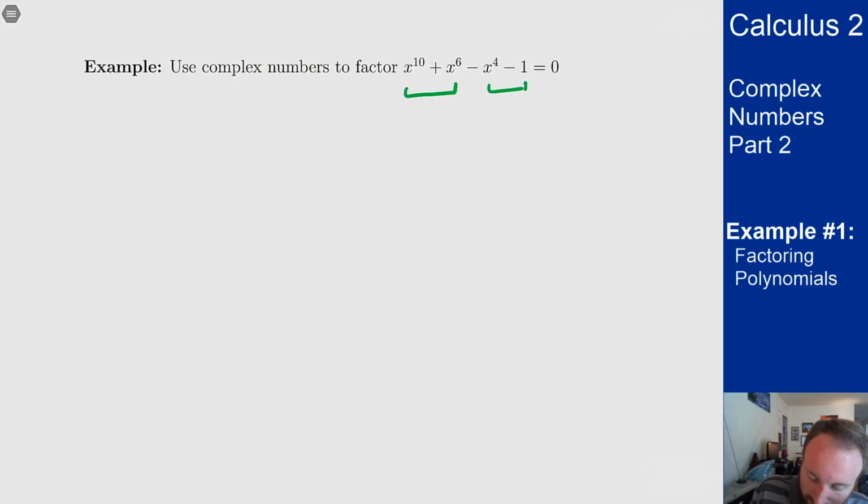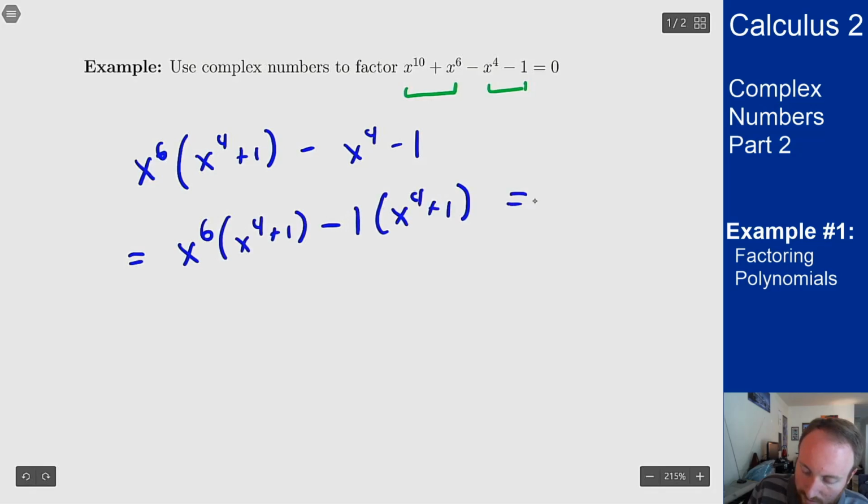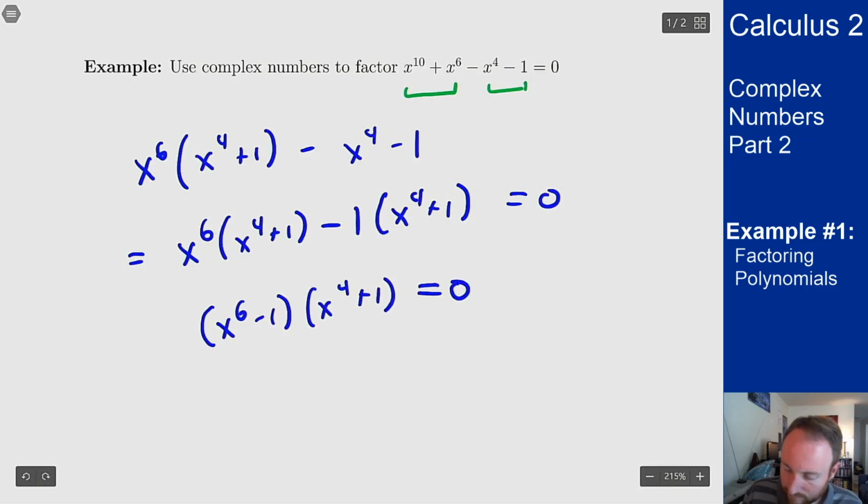Doing that, I get x to the 6th times x to the 4th plus 1 minus x to the 4th minus 1, which is the same thing as x to the 6th times x to the 4th plus 1 minus 1 times x to the 4th plus 1, equals 0. Or by grouping, x to the 6th minus 1 times x to the 4th plus 1 equals 0.